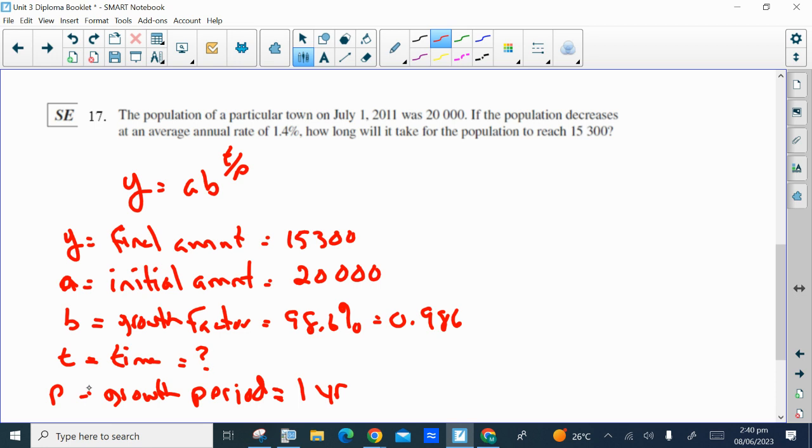So the growth period is 1 year or 1. So if we put all these into the formula, it's just going to be T over 1, or T. And we need to solve for T.